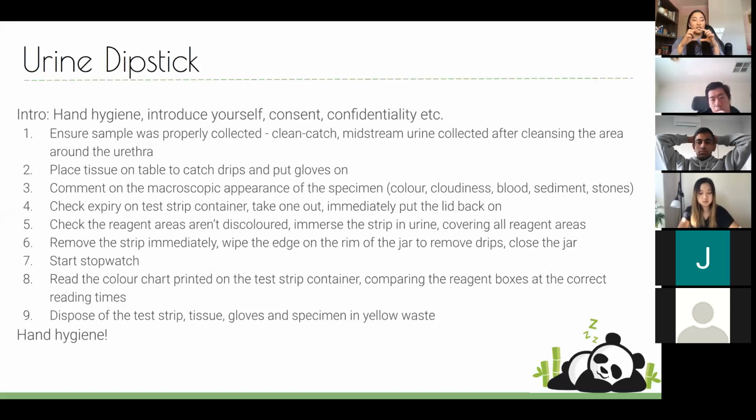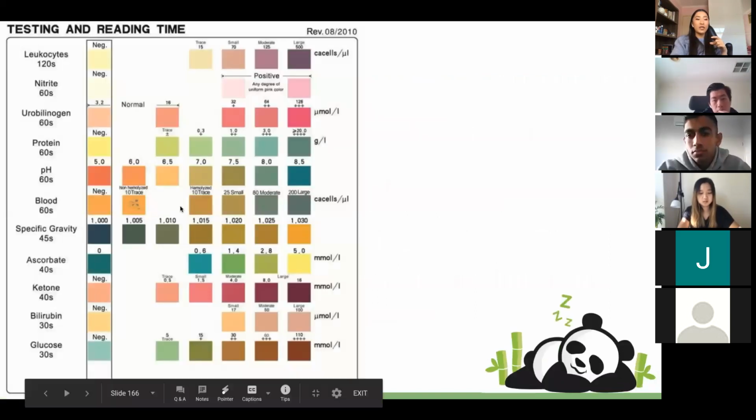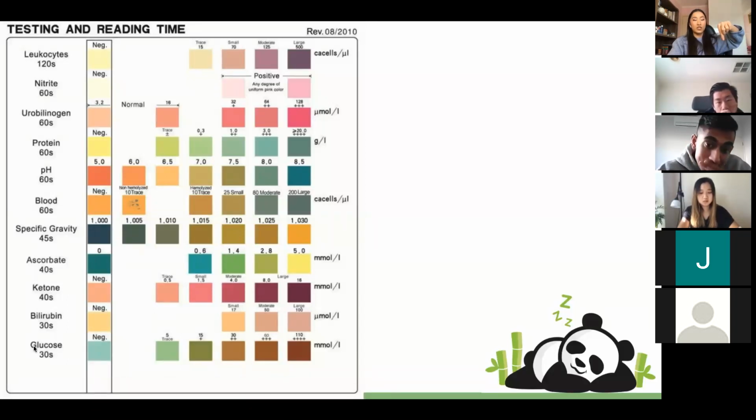So the bottle itself, I'll show you a picture of what's on the bottle. It looks like this. There's a sticker on the bottle, and this basically gives you the answers. Along here, there's times, and you have to read them off at specific times. Once you've dipped your stick into the urine, you start a timer, or you mentally start a timer, and you read them off at the appropriate time.